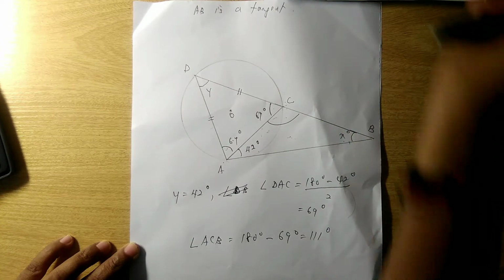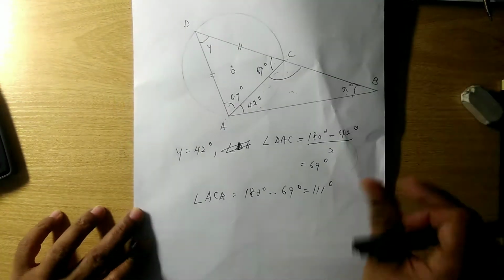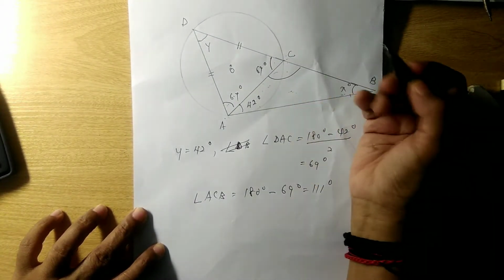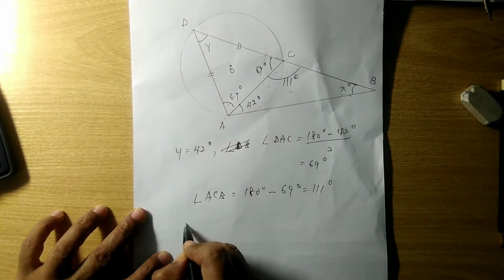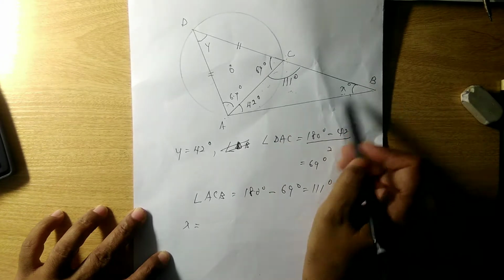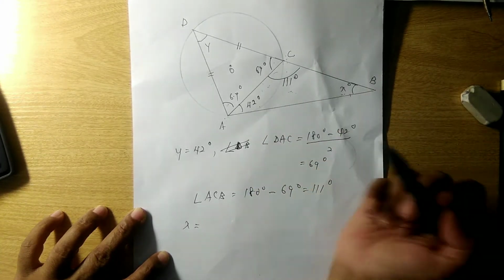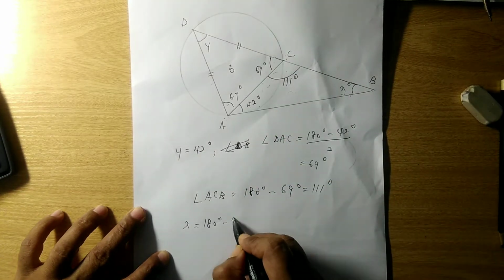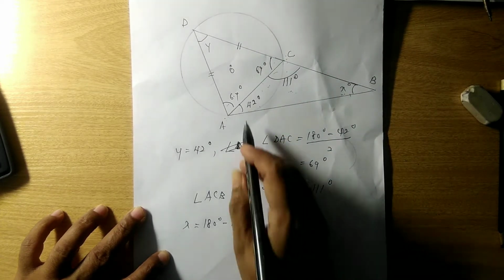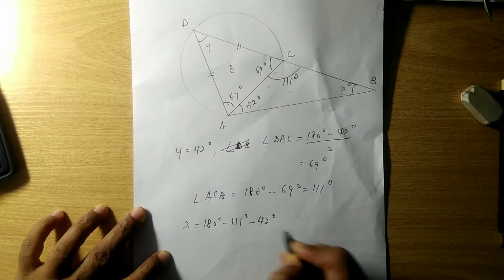Now to find my x, this is my x, and this is already 111. This whole thing is a triangle, so your interior angle is 180. So 180 minus this angle 111 minus 42 degrees.